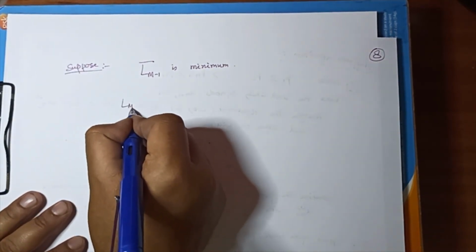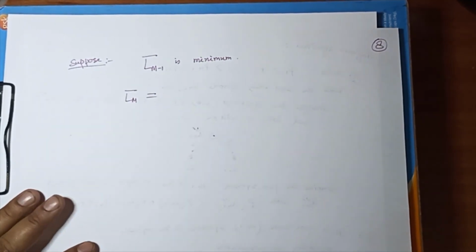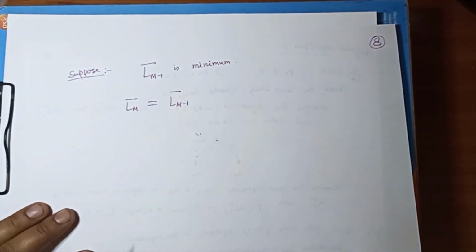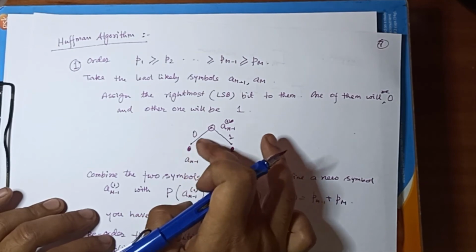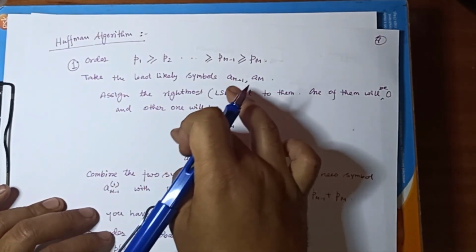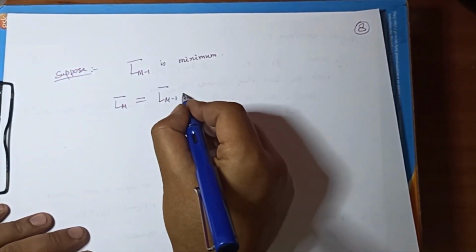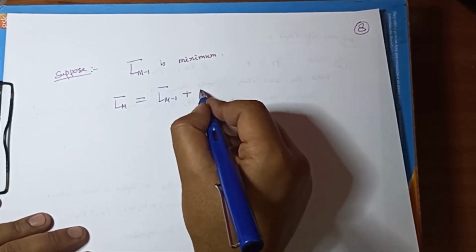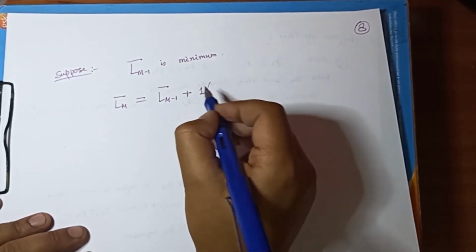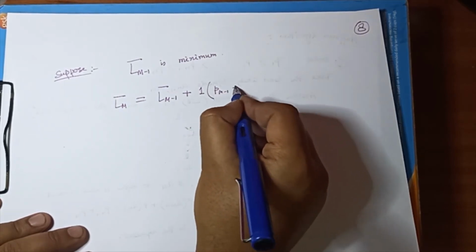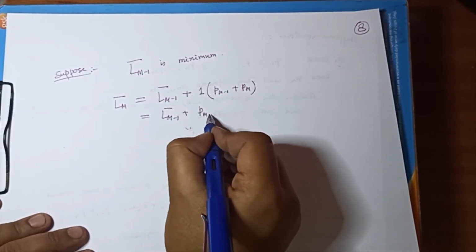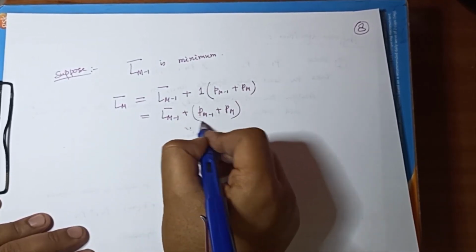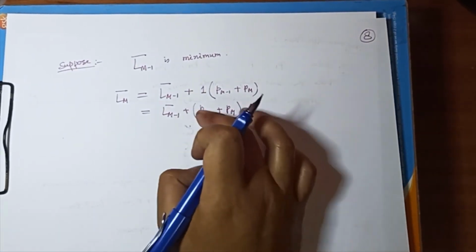Then L_m is nothing but L_{m-1}, the length for the entire tree up to this point, plus you are adding 1 bit for each of the two symbols, and they occur with probability p_{m-1} plus p_m. So L_m equals L_{m-1} plus p_{m-1} plus p_m. And this p_{m-1} plus p_m is not dependent on any choice; they are given already.